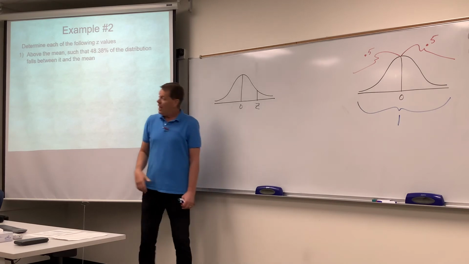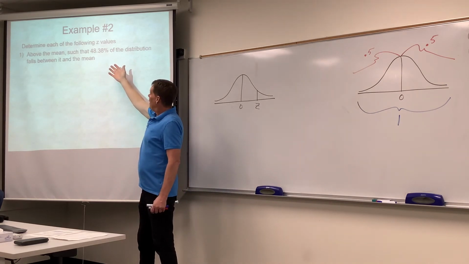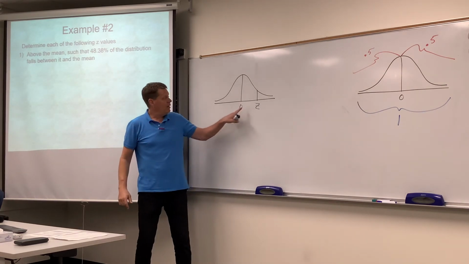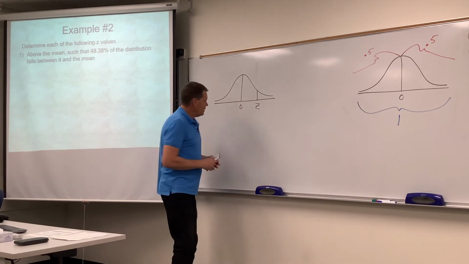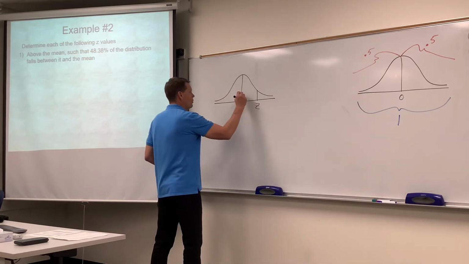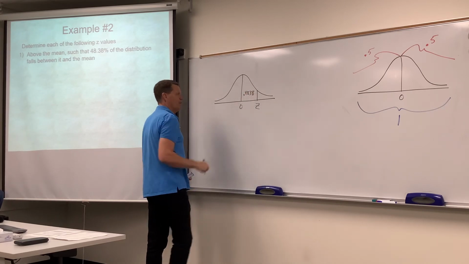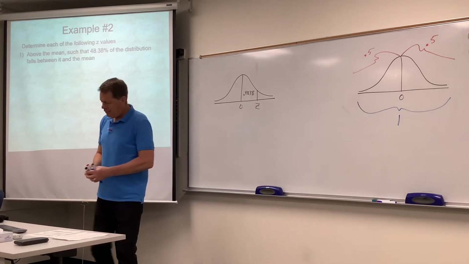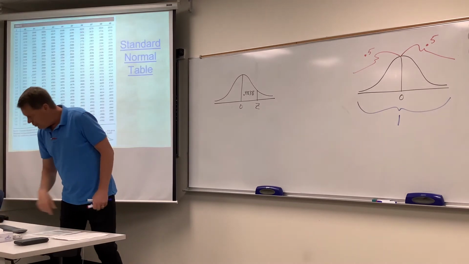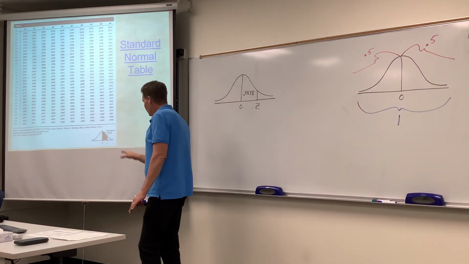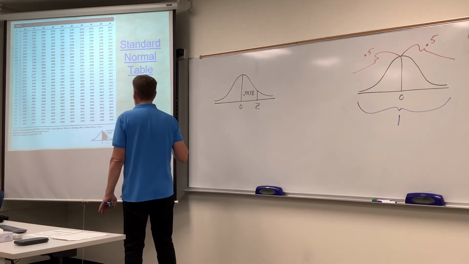Right off the bat, it says 48.38% falls between it and the mean. If you change 48.38% into a decimal, that's 0.4838. And guess what? That is a middle sliver. So this is actually ready-made for the table. All we have to do is look in the body of the table for 0.4838.